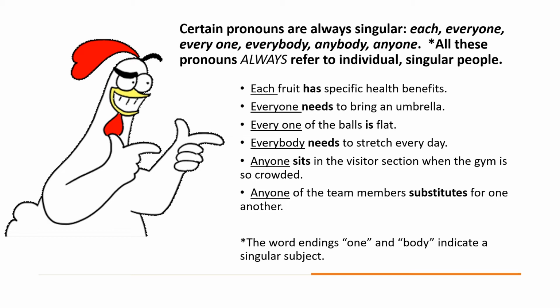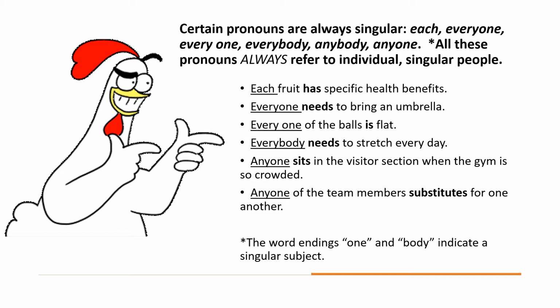I don't know if you recall, but you can't have a subject in a prepositional phrase. And of is one of our most common prepositions. So if you have of the team members, that's a prepositional phrase, and you cannot have your subject there, so you must look elsewhere in the sentence for the subject. Anyone is your subject. Anyone substitutes for one another.